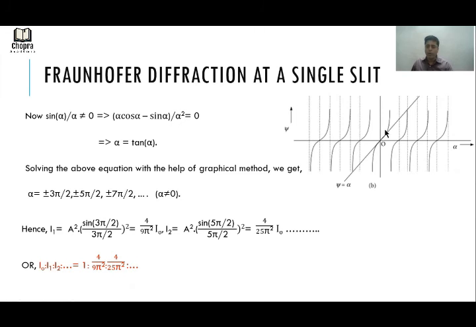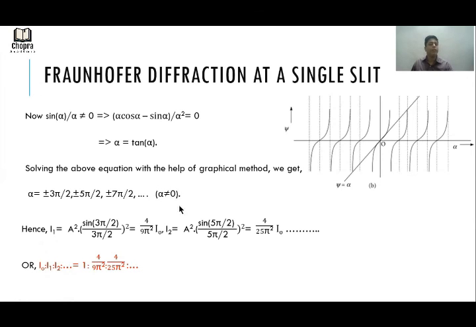We draw two curves here. And the intersection points give me the values of alpha. So in my case, I get alpha equal to 0, plus minus 3 pi by 2, plus minus 5 pi by 2, plus minus 7 pi by 2 and so on. But please remember, alpha cannot be equal to 0. Why?